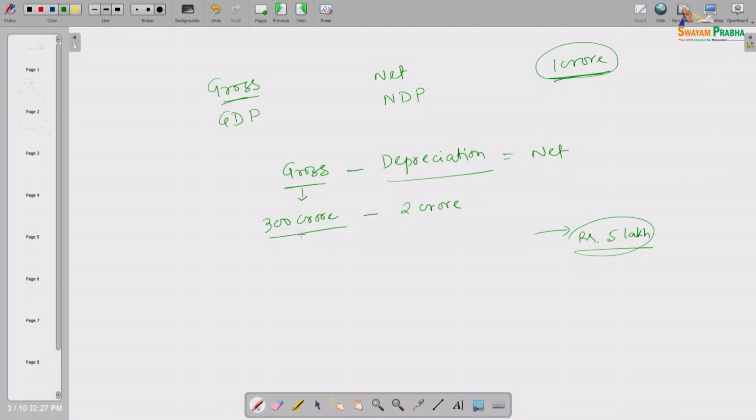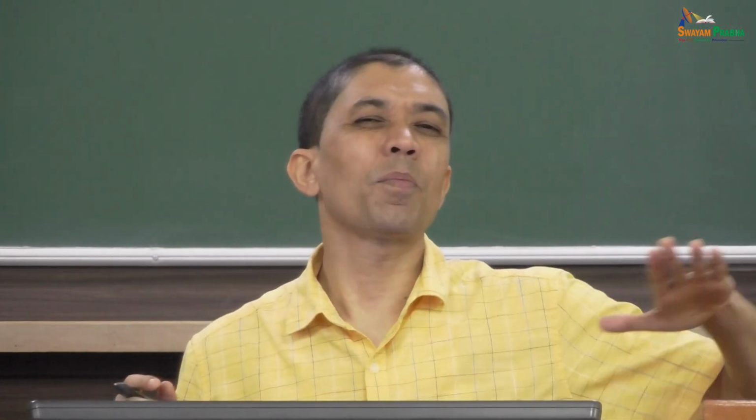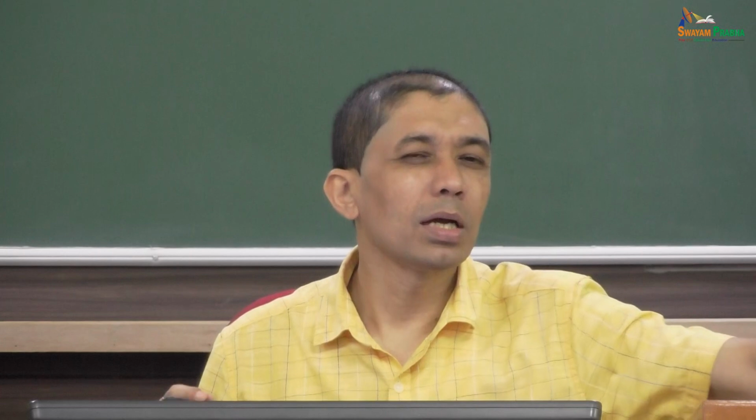So, 300 crore will be the GDP of that country for that particular time period. This is total depreciation of that country for that time period, and the remaining 298 crore will be NDP, net domestic product.